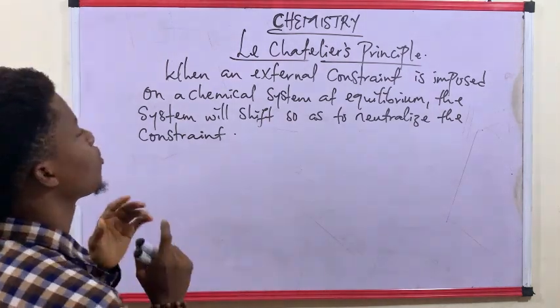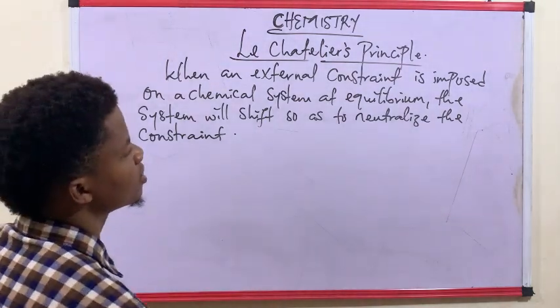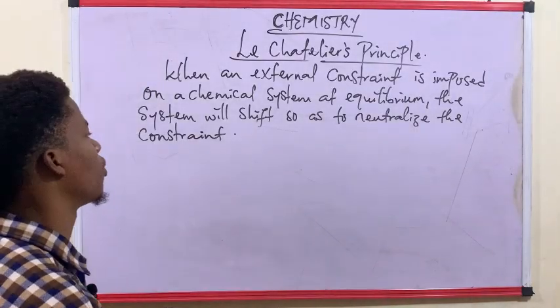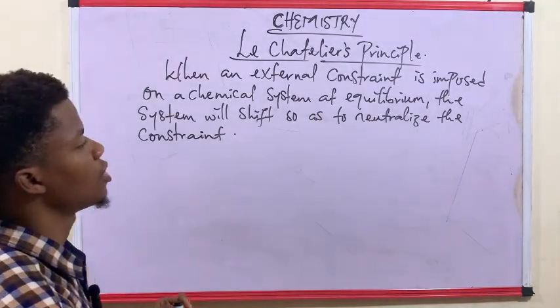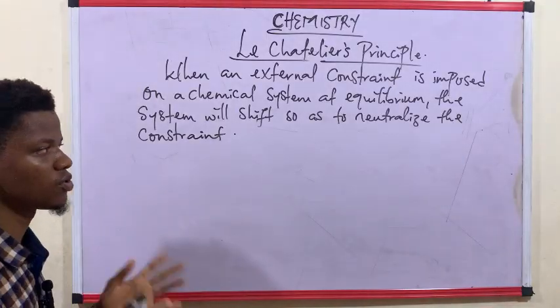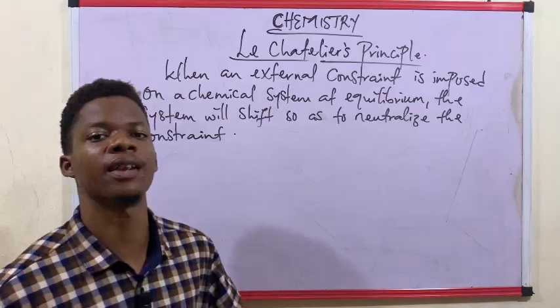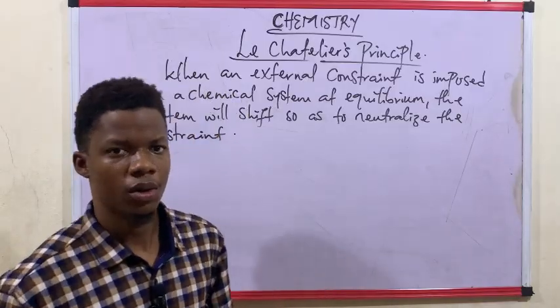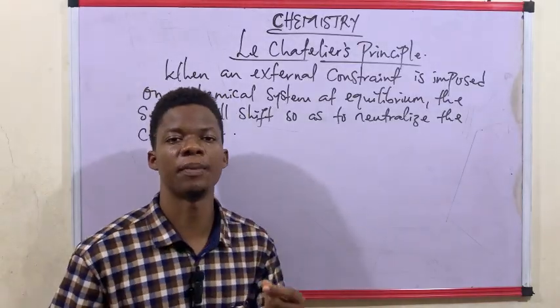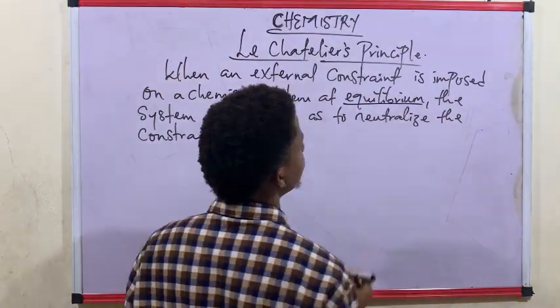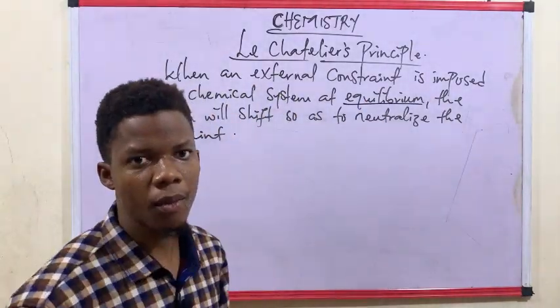It says when an external constraint is imposed on a chemical system at equilibrium, the system will shift so as to neutralize the constraint. So when an external constraint, or you can put it as when an external factor, is imposed on a chemical system at equilibrium. Something that is at equilibrium is something that is at rest.